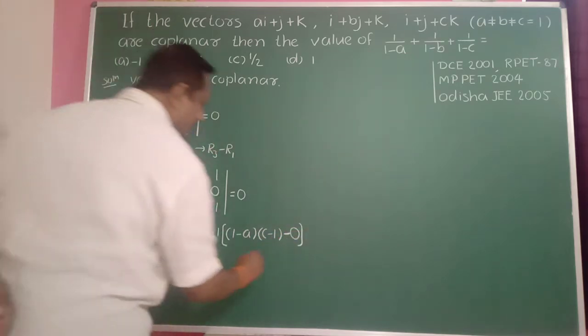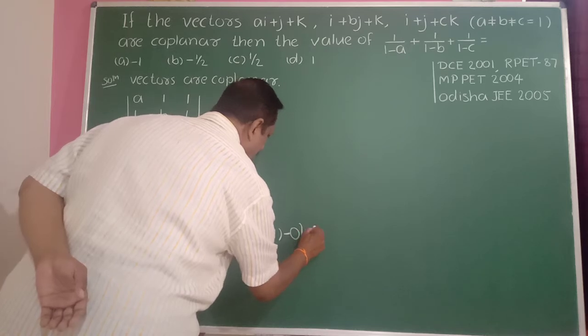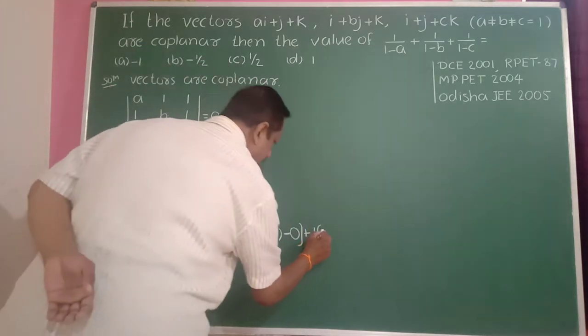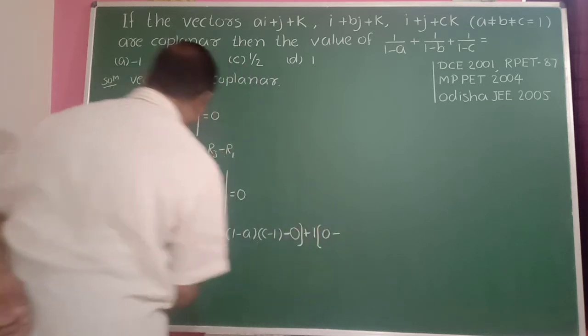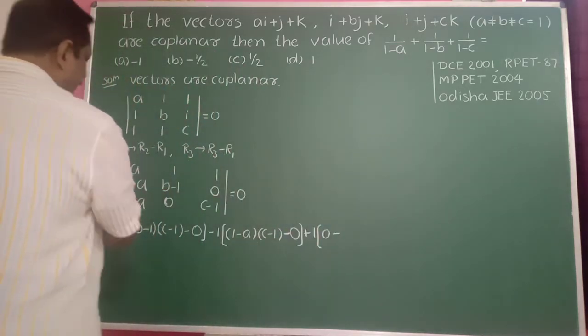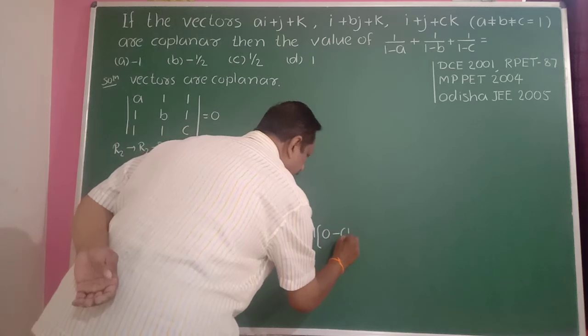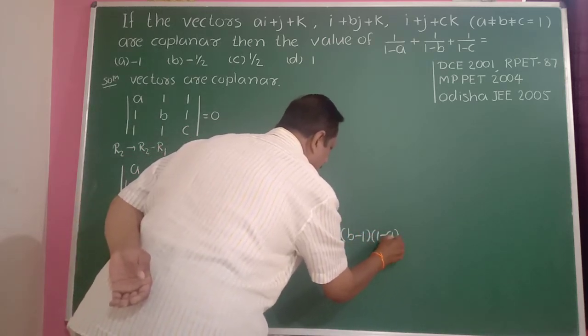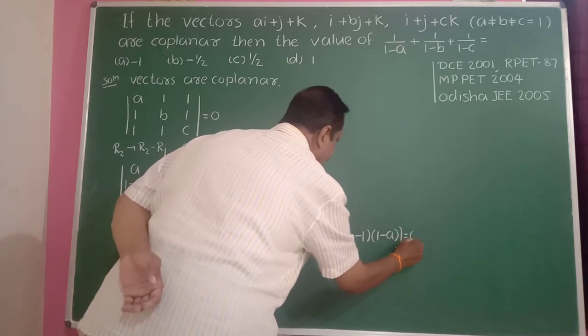Next plus 1 into bracket (1 minus A) into 0 minus (B minus 1) into (1 minus A), bracket complete. That is equal to 0.